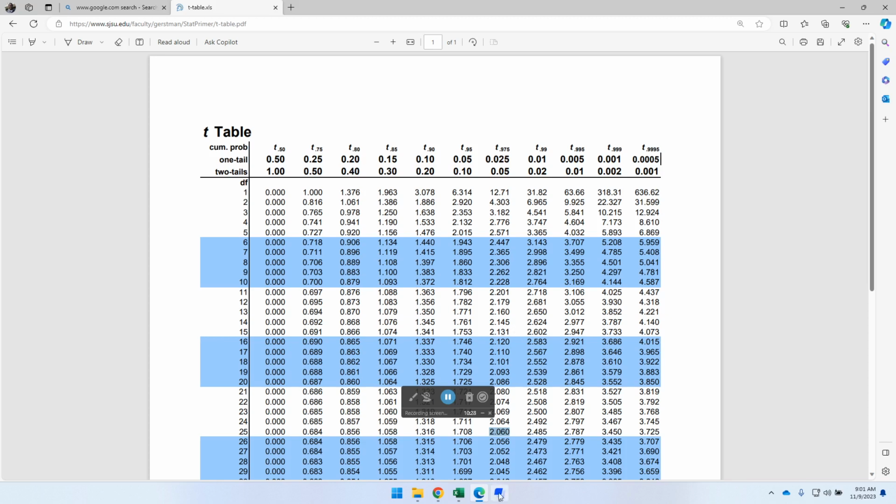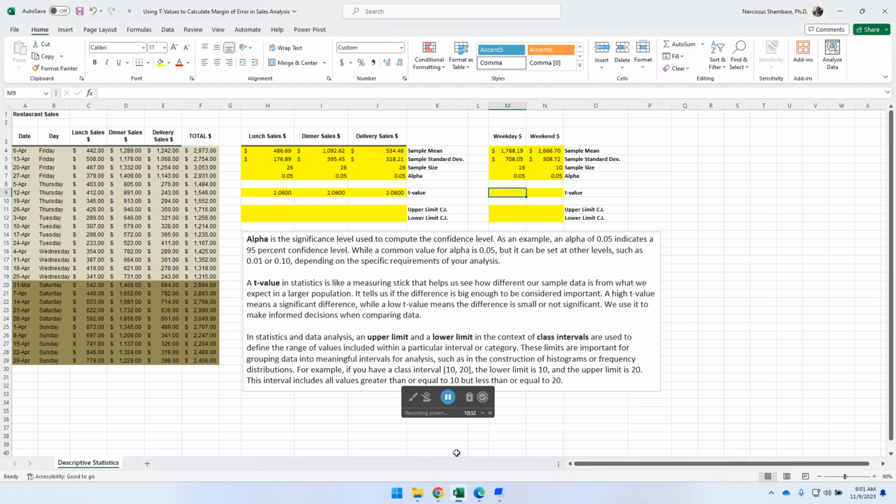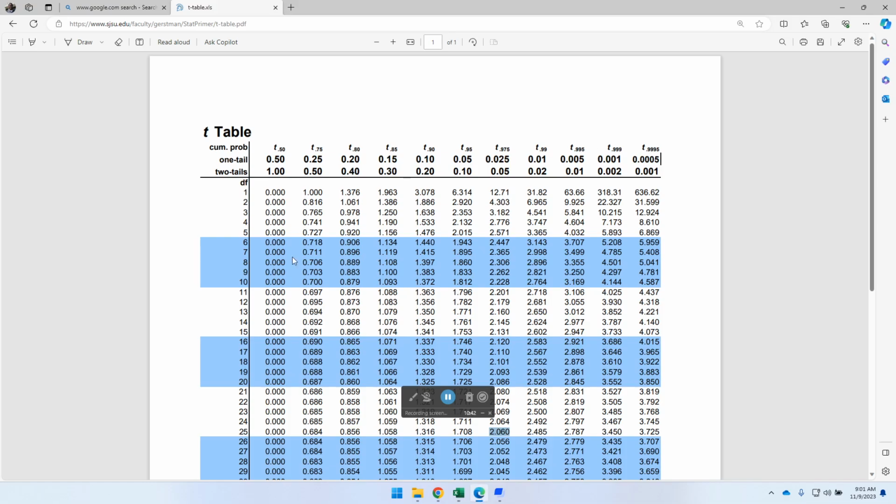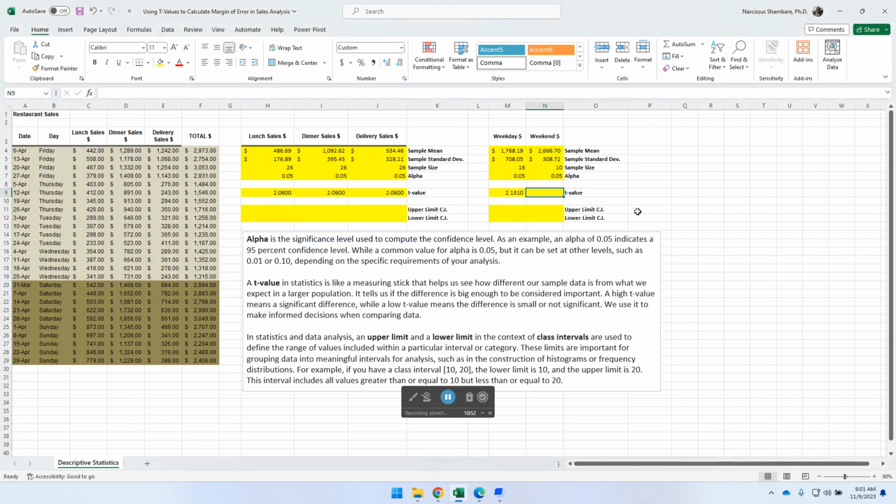So 2.131. And then finally, sample size 10, we can go back to that. Sample size 10 means that the degree of freedom is going to be 9. So it's 2.262.